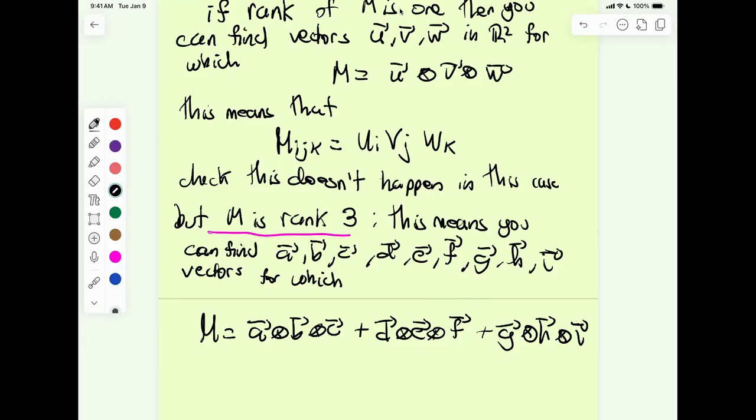Could it also be three vectors but just different orientations? Well, it depends what you mean. There can definitely be repetitions. Coincidences are allowed, so there could be repetition.